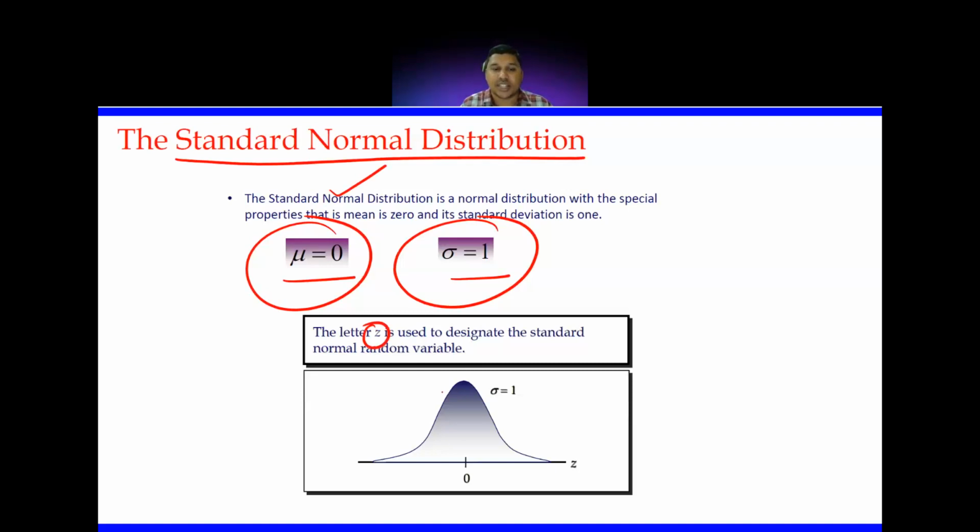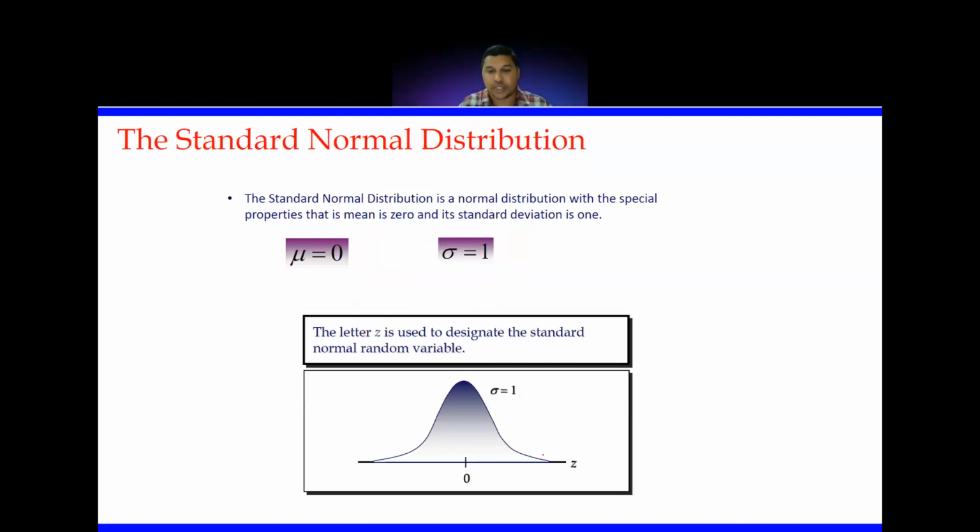We use the letter Z to indicate the standard normal random variable. See, the mean is 0 and the standard deviation is 1. This is a special case of normal distribution.